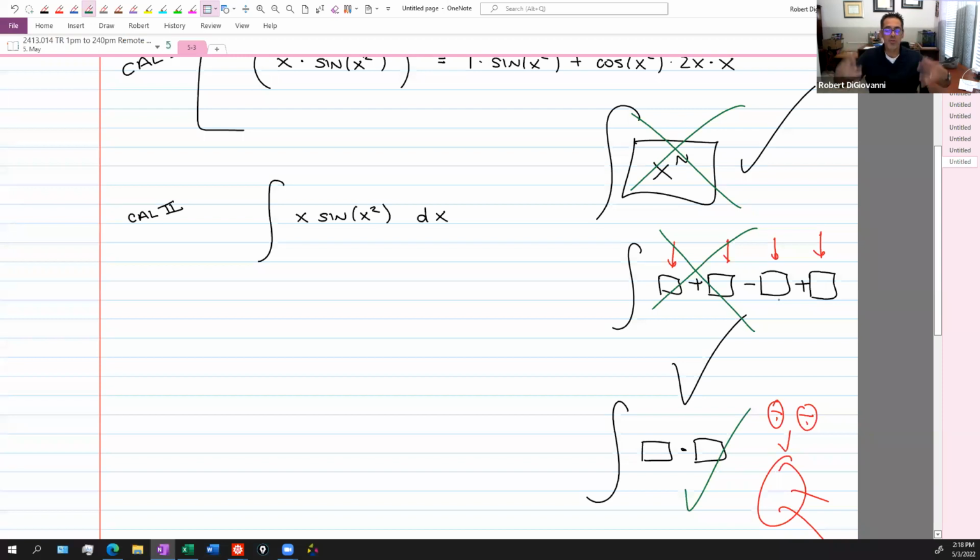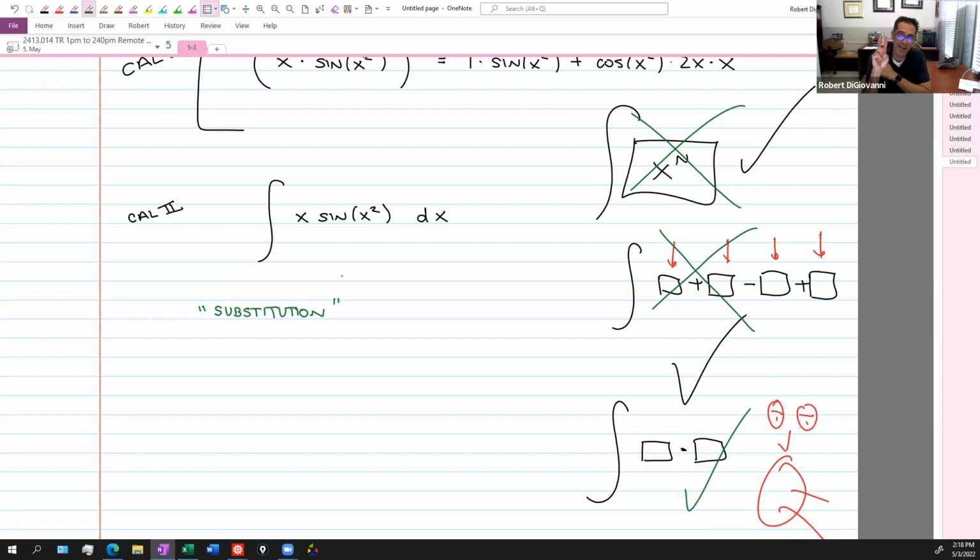The first technique that you learn in Cal 2 is something called substitution. This is the easiest out of all the methods you're going to learn in Cal 2. The first technique is called substitution.